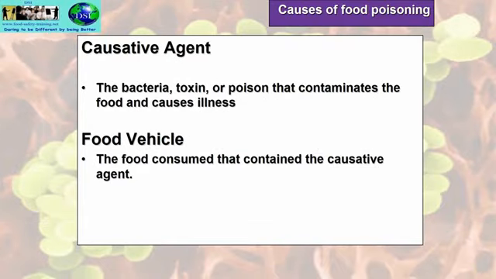Other definitions: a causative agent is or are the bacteria, toxin or poison that contaminates the food and causes illness. The food vehicle is the food consumed that contained the causative agent. So this could well be the high-risk food that's contaminated with Staphylococcus aureus. That is the food vehicle. That gets the bacteria into the human body.